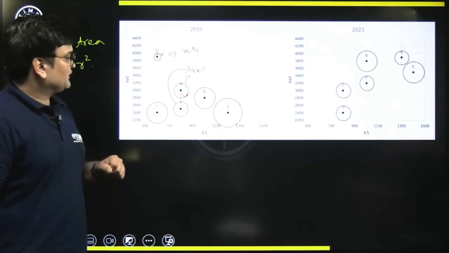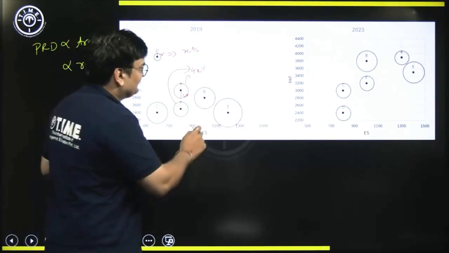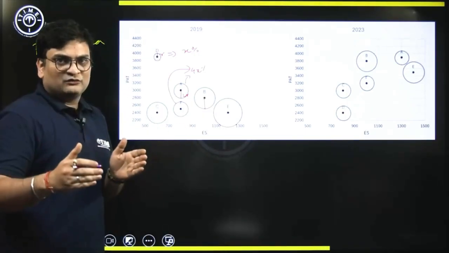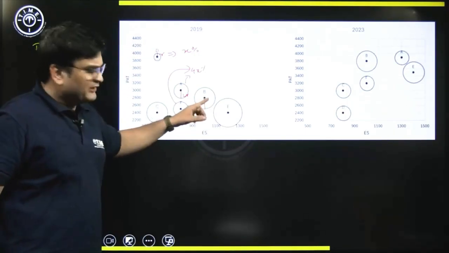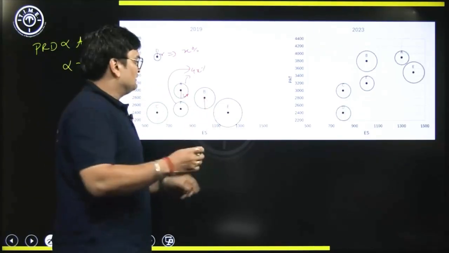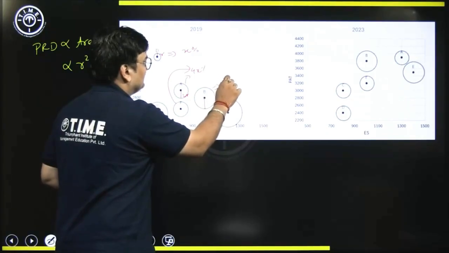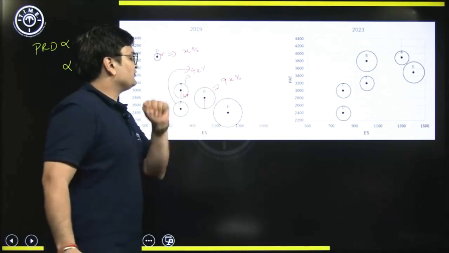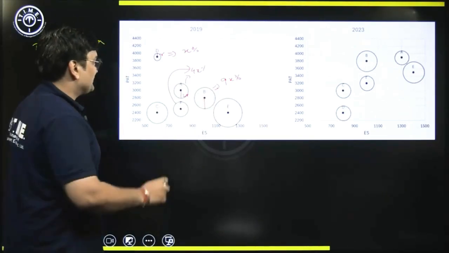Now come to B. If you notice B carefully, the radius will be 3R. It is more than 2R and almost the midpoint, so we can take it as around 3R. So the radius is getting tripled, so the PRD value will be 3 square, 9 times, so 9x percent. If this is x, this will be 9x. C will also be the same, 9x.